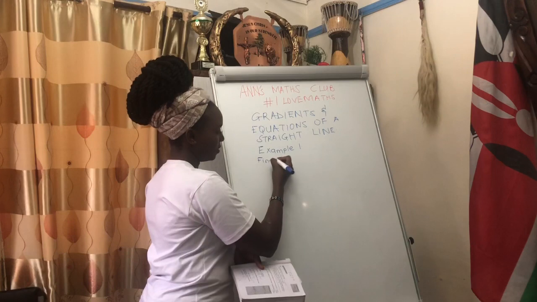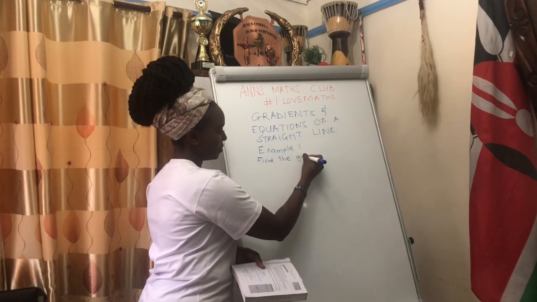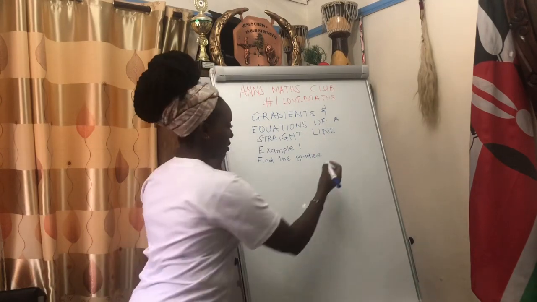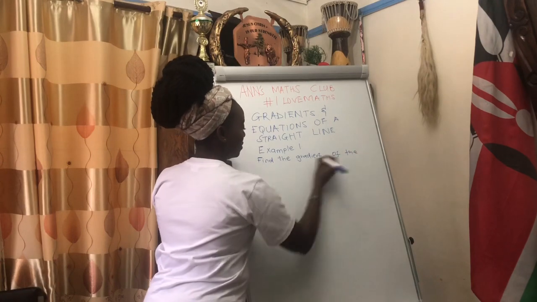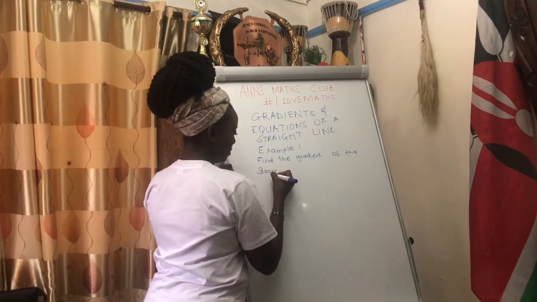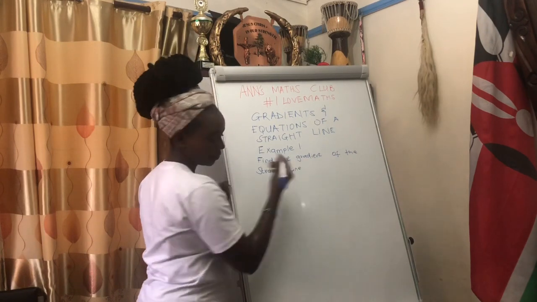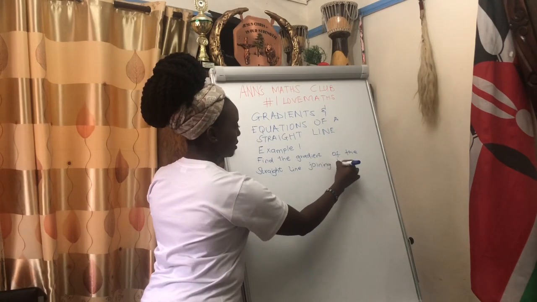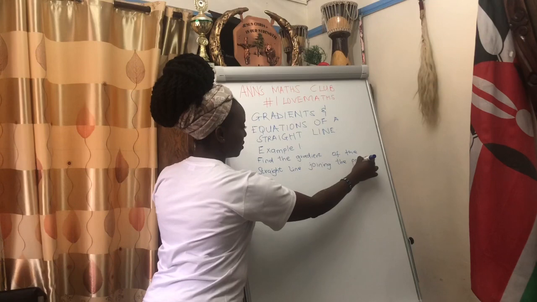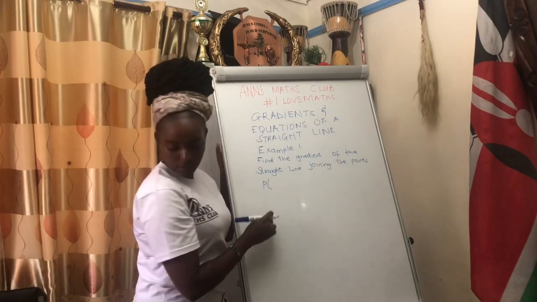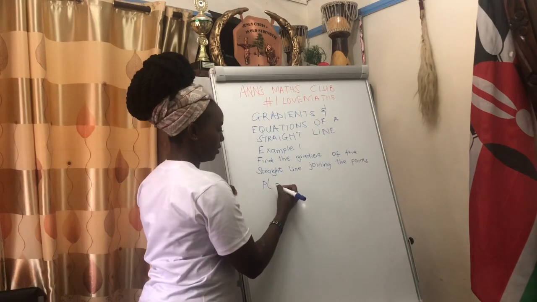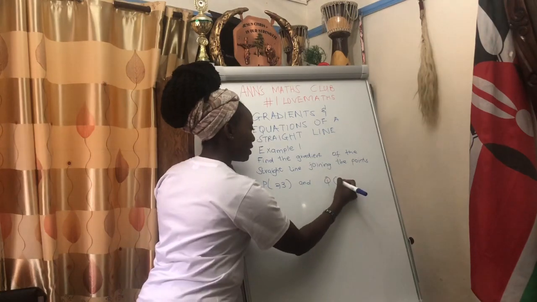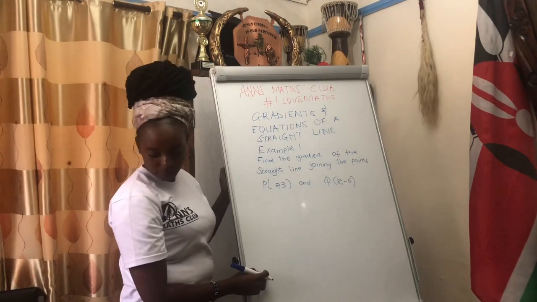Find the gradient of the straight line joining the points P (2, 3) and Q (8, -6).